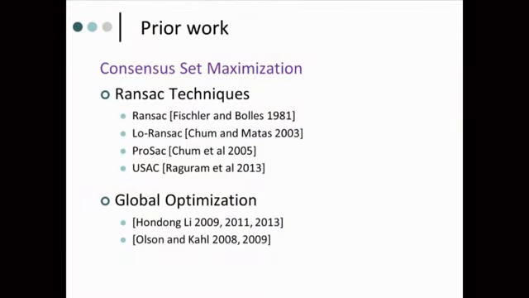So again, to talk about some prior work, most methods tackle the consensus set maximization problem, which is, given a definition of what it is to be an inlier, to find a model with maximal consensus, and RANSAC is the main technique used here. Starting from the original scheme, these are only a few of the many improvements and extensions over the years, which made it much more robust and made it run faster with very good heuristics.